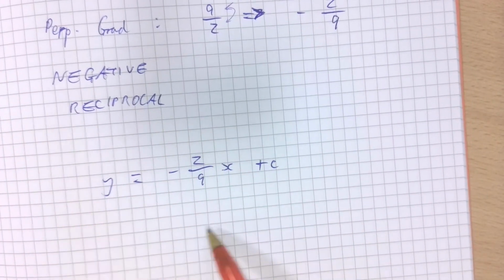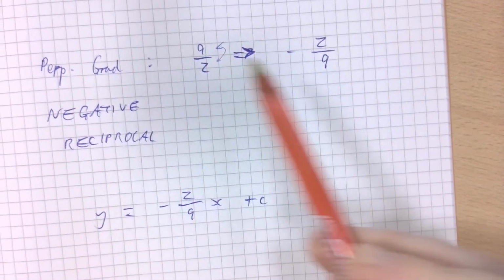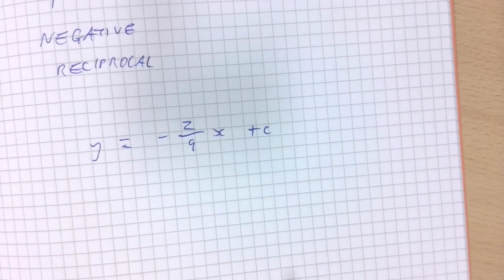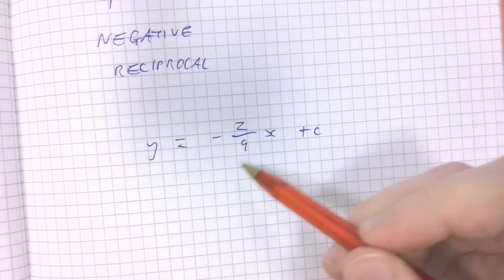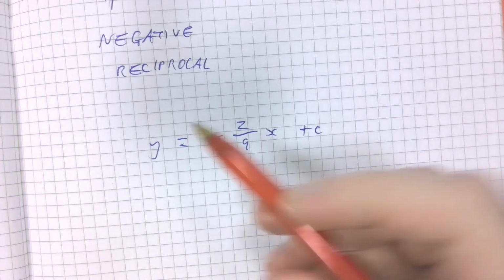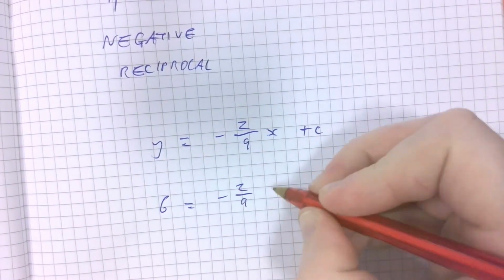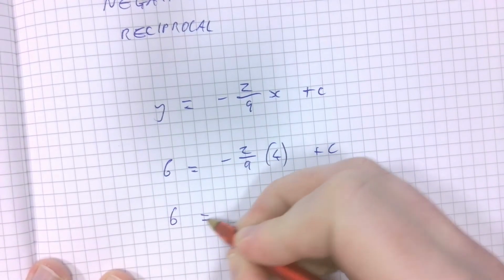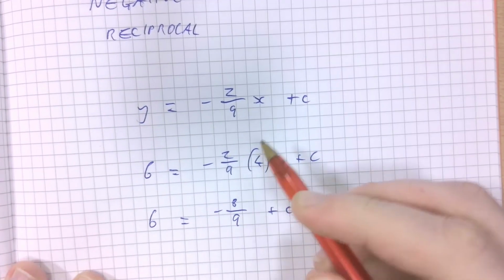That is definitely going to be perpendicular to this because of that negative reciprocal that I have applied. And it says in the question, it passes through D, 4, 6. So again, I'm going to substitute 4, 6 into this equation because I know it passes through that point. So y becomes 6, x becomes 4. Or in other words, 6 equals -8/9 plus c.